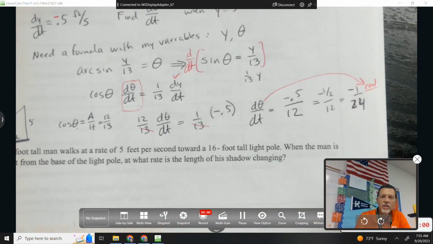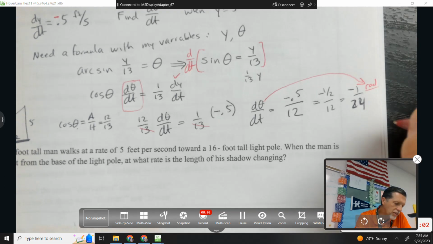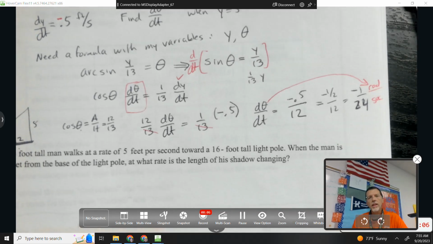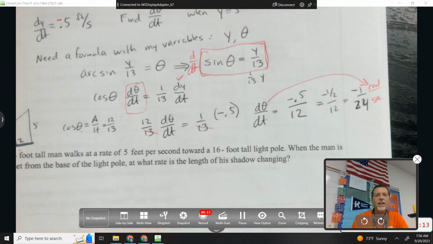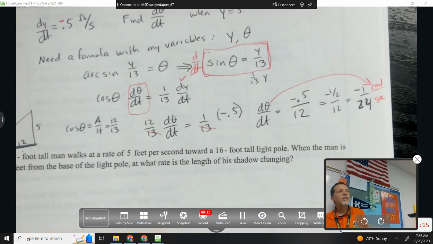So radians per second. But probably that key step in there was writing an equation that involves your variables. Sometimes they give it to you, other times you have to come up with the equation on your own.